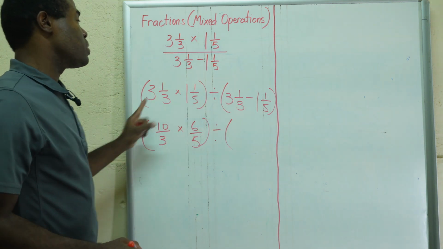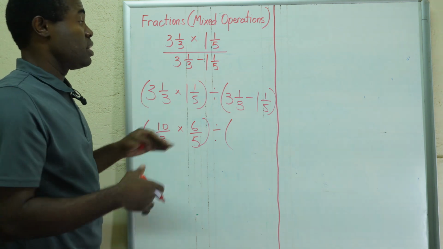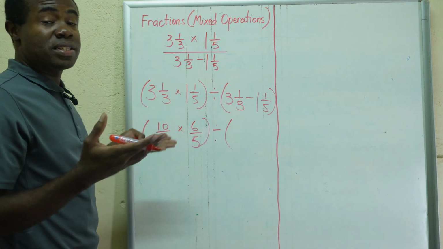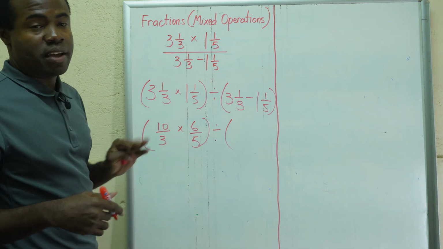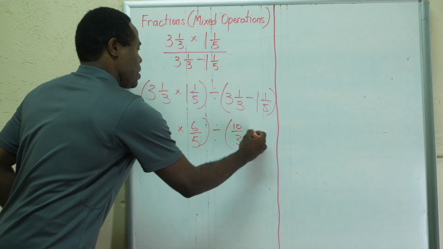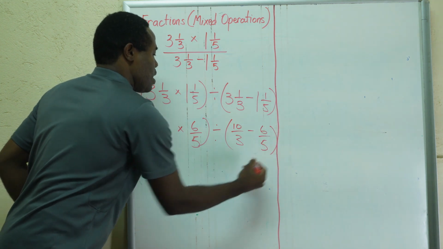But if you look closely, you'll notice that the fraction in the first parentheses is the same fraction as in the second parentheses. So you don't need to multiply and add right here. You can just simply rewrite them, which will be 10 over 3 minus what? 6 over 5. Alright, cool.